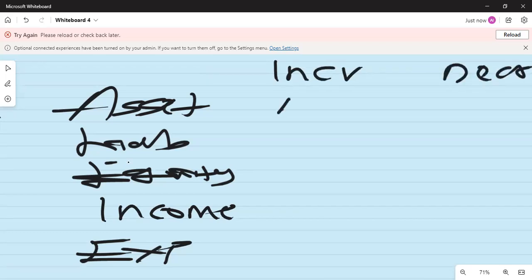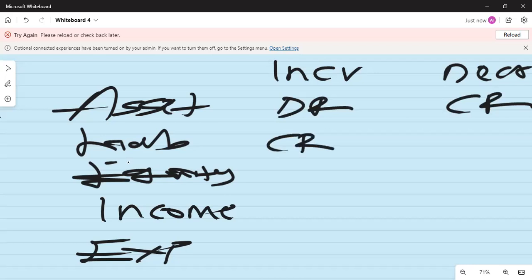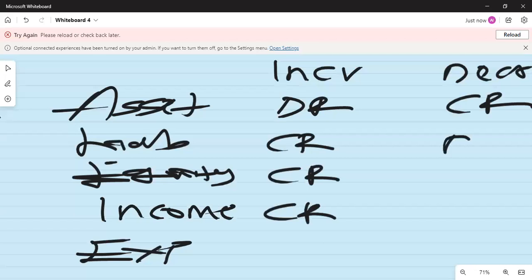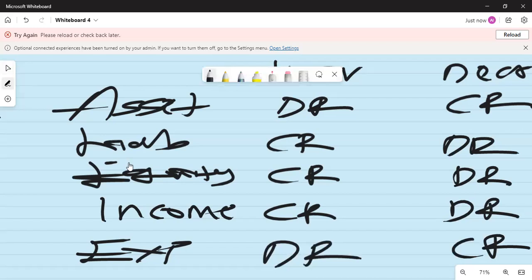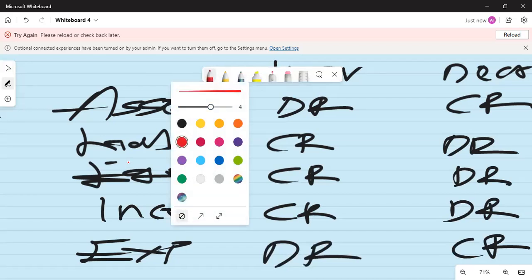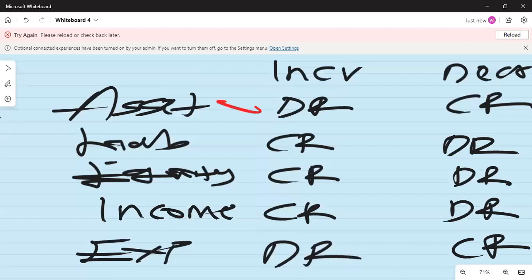If you want to increase an asset, debit. If you want to reduce it, credit. Liability, credit. Equity, credit. Income is also credit. Debit, debit, and debit for expenses. So you can see now that these two have the same treatments.